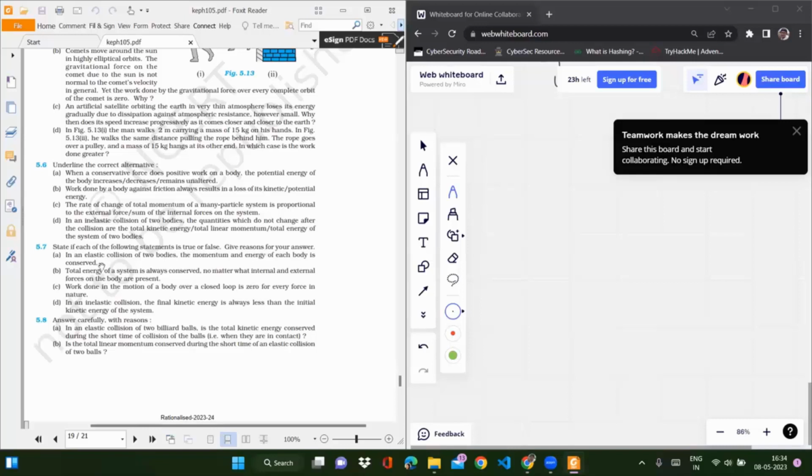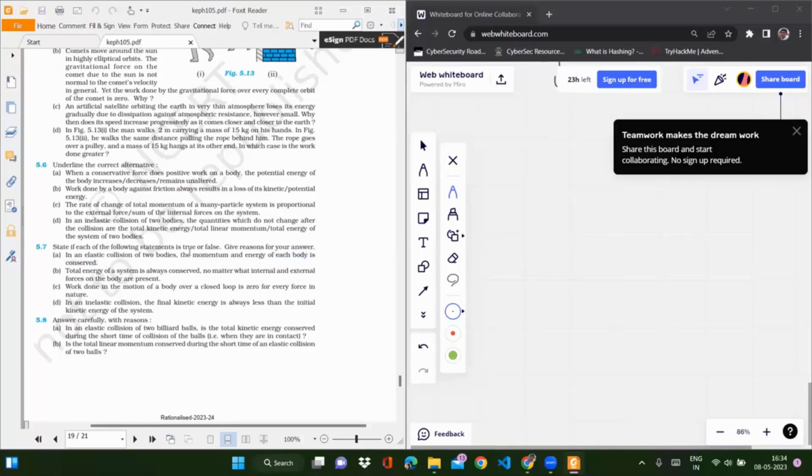So we know that for the system in any collision, the momentum remains conserved, and for elastic collisions particularly, momentum and total energy of the system will remain conserved. But this question is asking for each body.